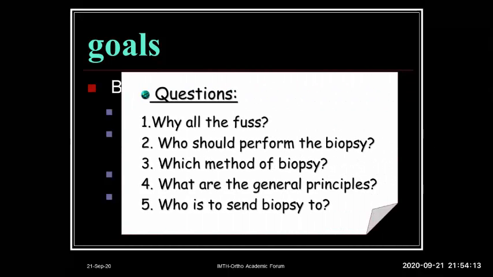So our questions for today: why all the fuss? Why are we giving all that importance to biopsy, and why are we taking care of biopsy?